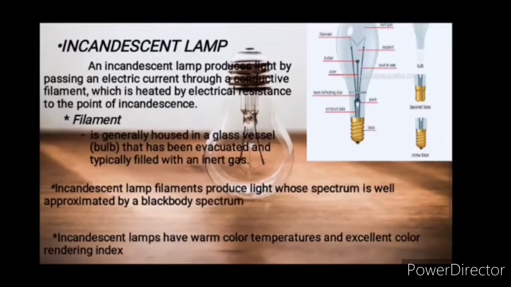Incandescent lamp filament produces light whose spectrum is well approximated by a blackbody's spectrum. Kay ang typical incandescent lamps have operating temperatures at which the overwhelming majority of radiated power, so that typically is 90% or more, mahulog siya sa infrared part of the spectrum, where it is sensed as heat rather than visible light.